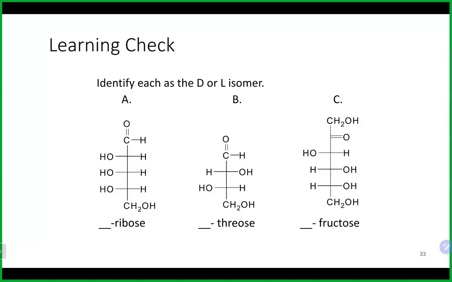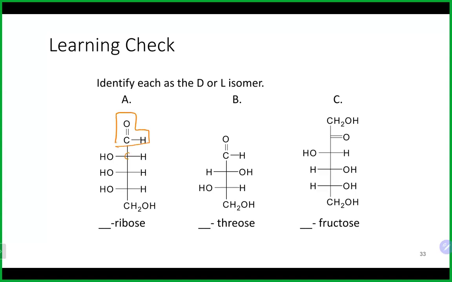All right. So for each of these, is it D or L? Take a look and decide. Okay, so let's take a look. We're always going to go farthest away from here, looking for the chirocarbon.